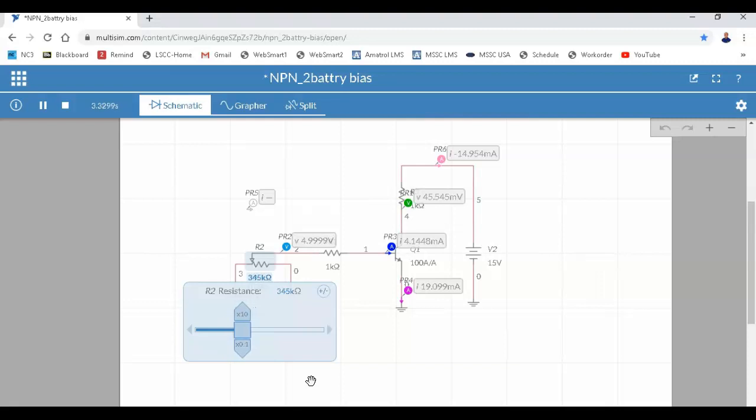No, it's not working. Do you see what's going on? This one right here is staying at 5 volts, even though I'm moving my pot. I'll try to figure out what's going on here.